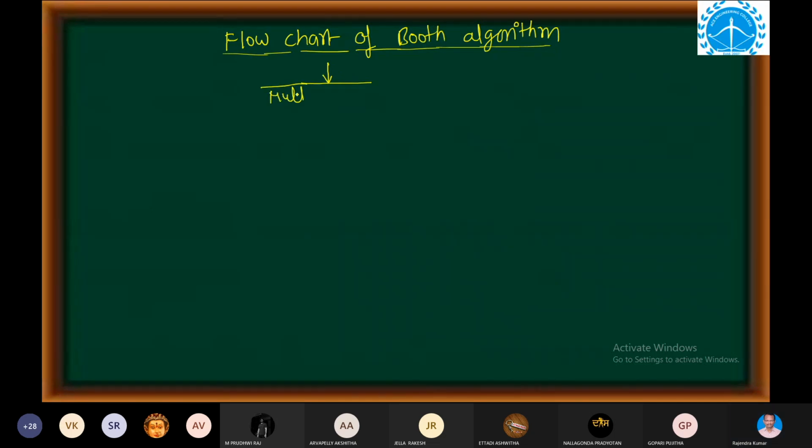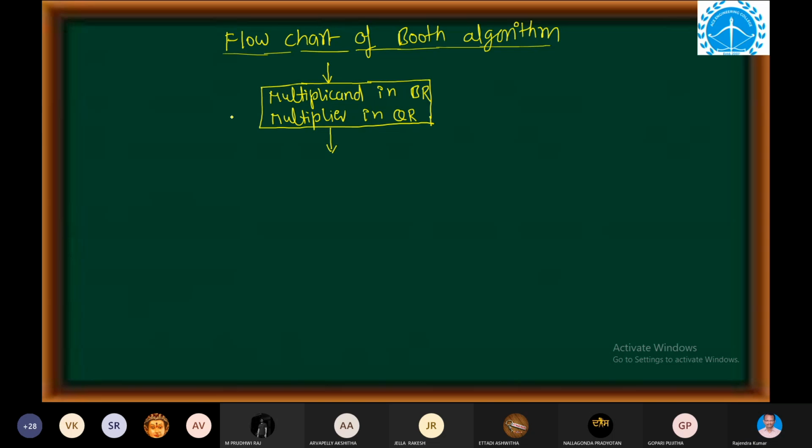So first, the multiplicand in BR, and the multiplier in the QR register. Multiplicand in BR and multiplier in QR.